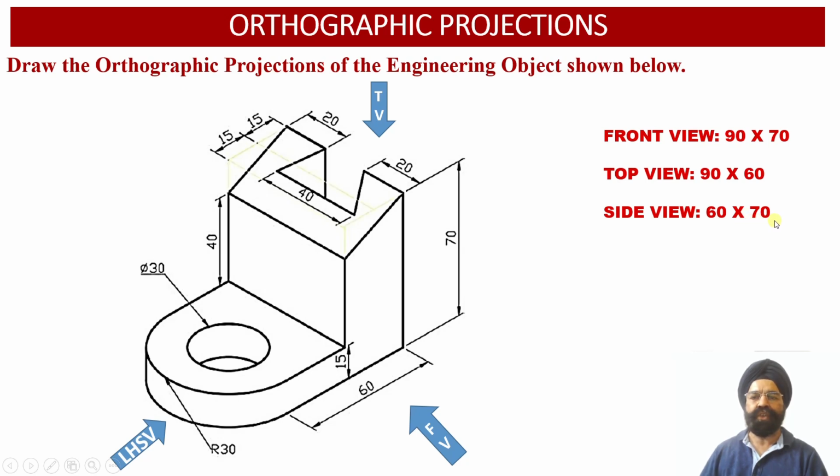With this information regarding the dimensions of the three faces of the solid, we now proceed to evaluate the front view, the top view and the left hand side view orthographic projections of the solid.